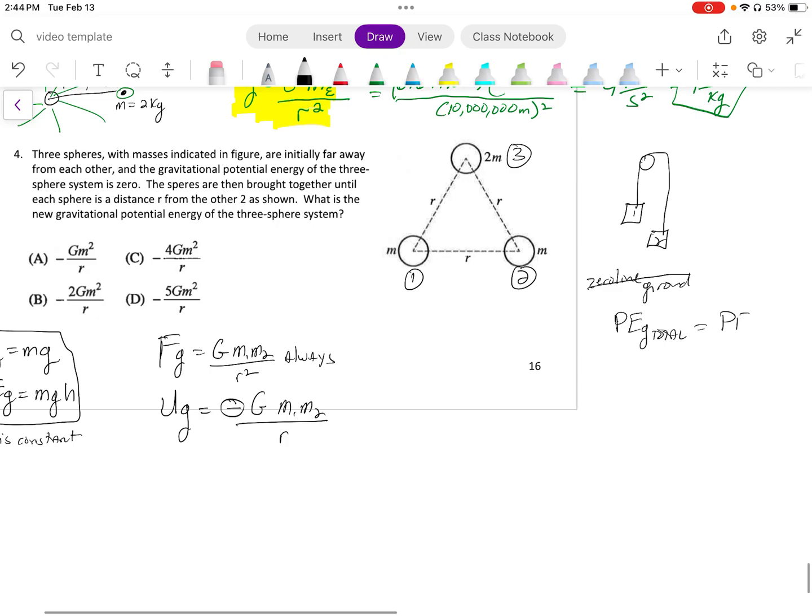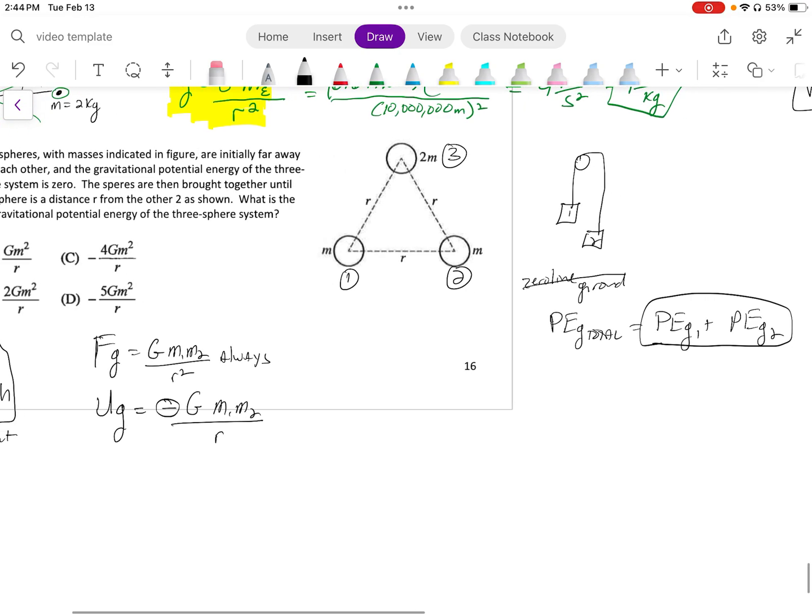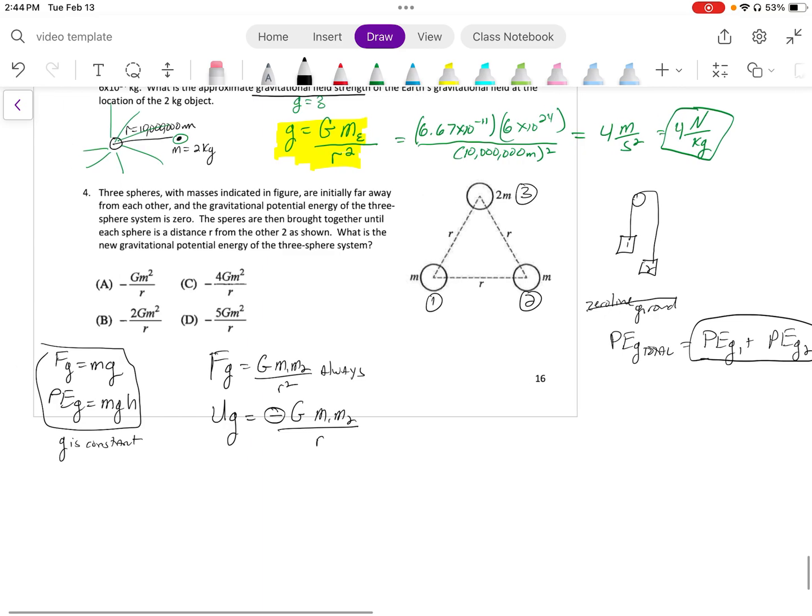I would have to find the potential energy due to gravity of 1 plus the potential energy due to gravity for number 2, and you would add them together. And those would be positive numbers because they're both above the zero line. So we're adding the potential energy due to gravities at that spot.